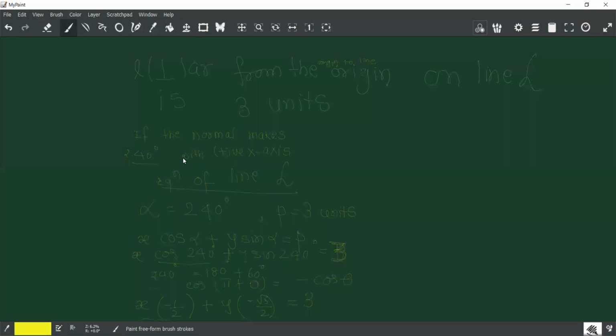With respect to the line L we have to find the equation, but the data is given of the normal, so I think of the normal form. Correct? So alpha is 240 and p is 3 units. So the equation of the line in normal form is x cos alpha plus y sin alpha is equal to p, with 240 in place of alpha and 3 in place of p.